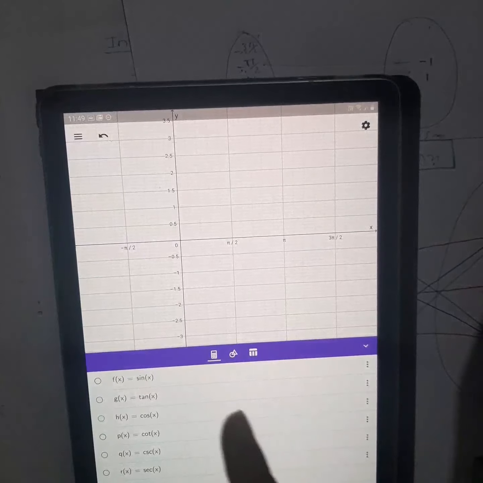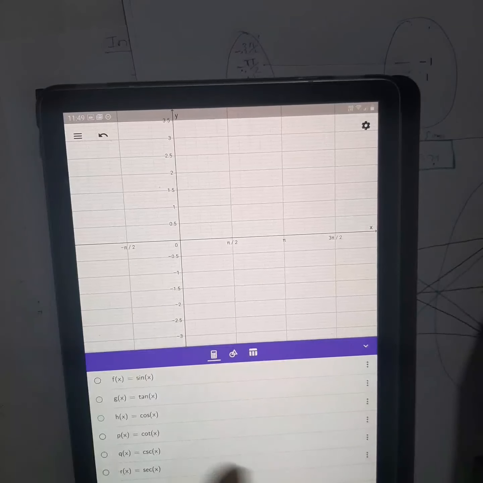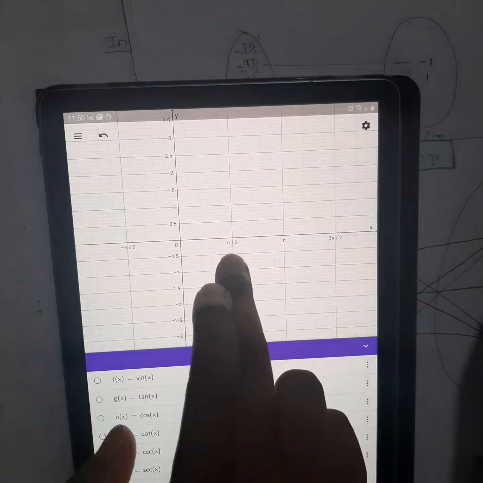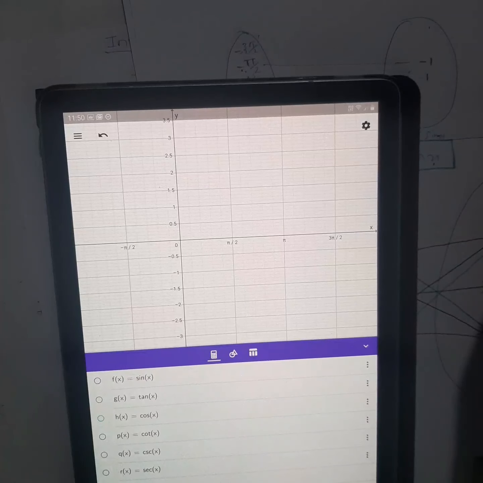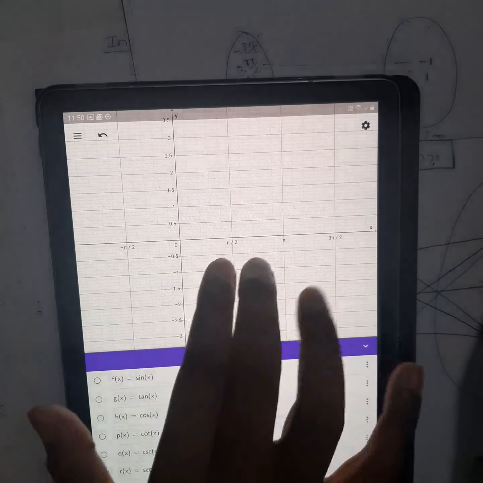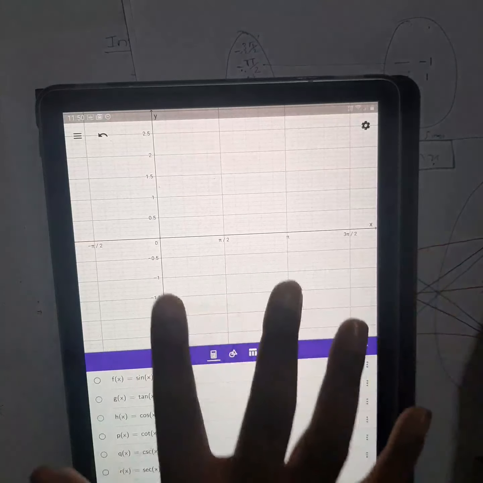Degree is not a real number, right? Degree is a totally different term. That's why we use the angle in terms of radian. Radian will help you to plot angles on the graph, right? So you can see all the angles, that is the x value.